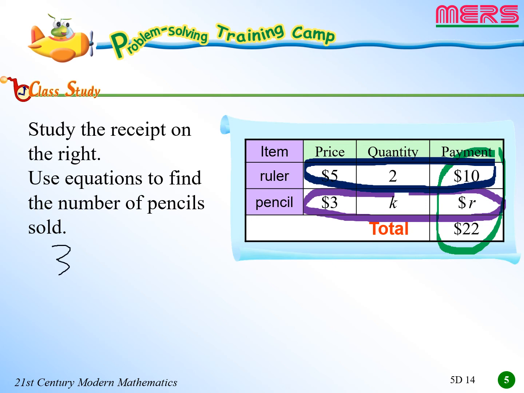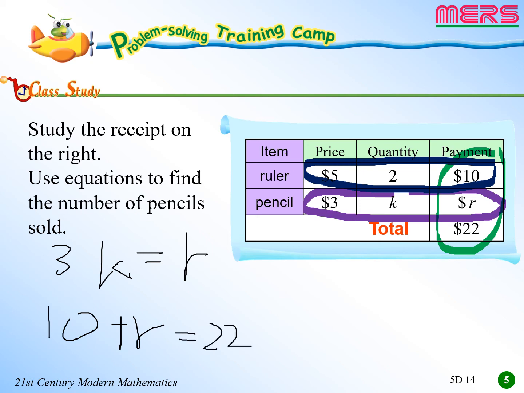As we know, 3K equals R. We have many solutions for this equation, so we cannot use this. What about 10 plus R equals 22? Yes, we can solve this.